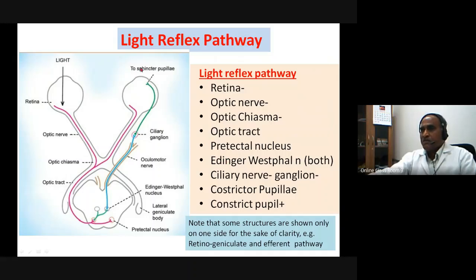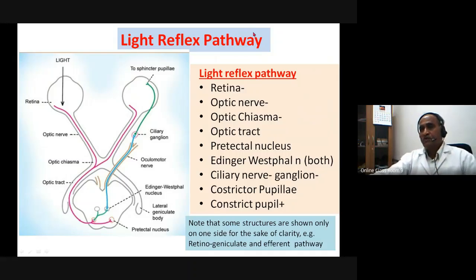The constrictor pupillae here, and a constriction of the pupil. Okay, here please note that on one side I want to show the afferent connection, on the other side the efferent connection, and this forms the center of the reflex.